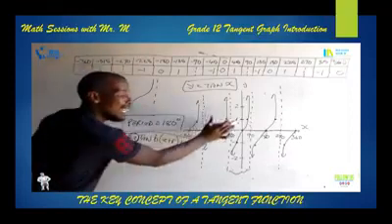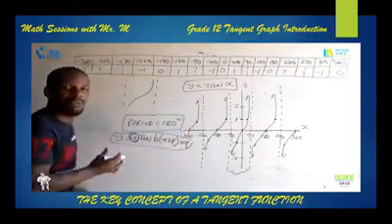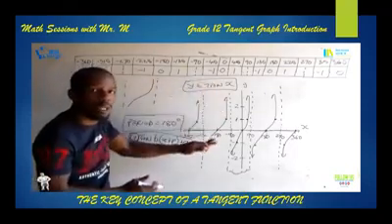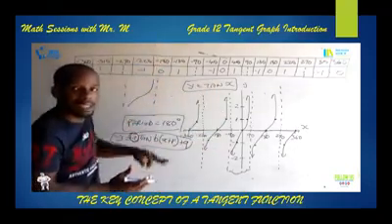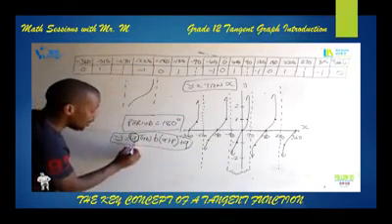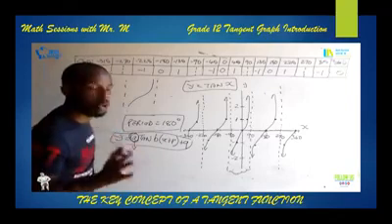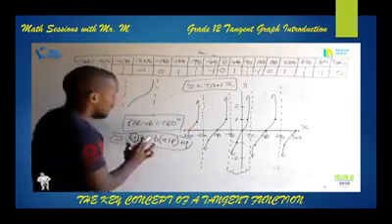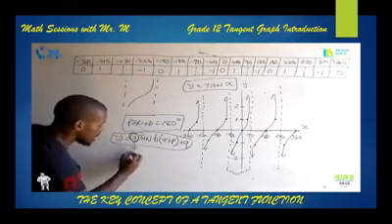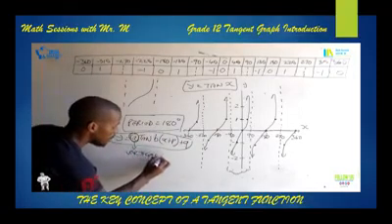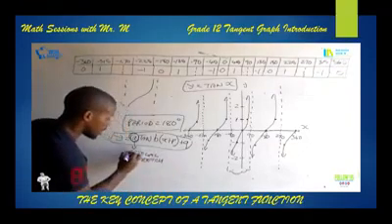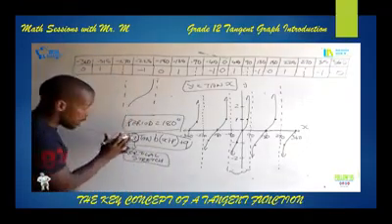But a tangent graph does not have an amplitude. It has no highest point, or how low it can go. So that is the only difference. That A is not an amplitude when it comes to a tangent graph. That A represents the vertical stretch of the graph. That is our A.